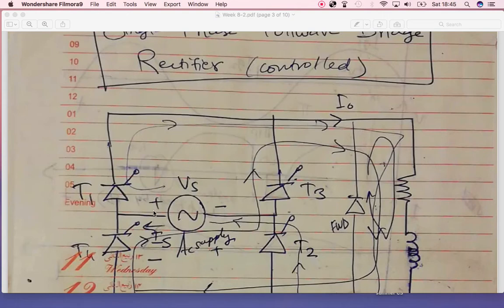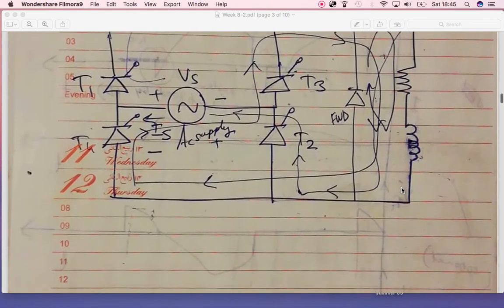When this terminal is positive with reference to this, the direction of current will be from here towards the T1 thyristor depending upon its firing angle, going through the load and the inductor, and then coming over here through the T2 thyristor depending upon its firing angle and discharging from here.